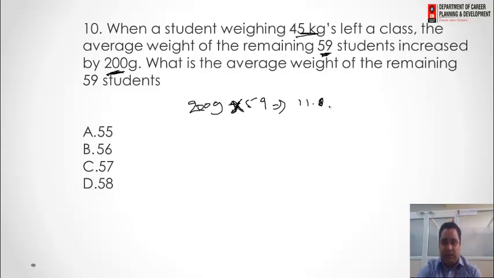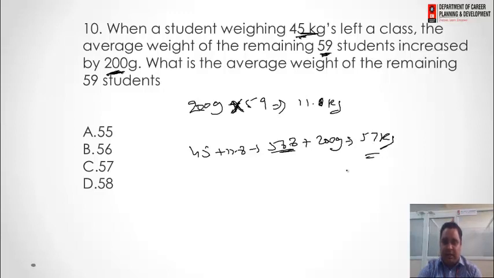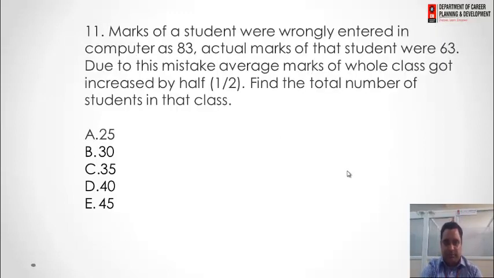It means the person's weight is 45 plus 11.8, that is 56.8 kilograms, and there is an addition of this 200 grams in the average as well, that makes the weight 57 kilograms. That is the answer for this question, option number C. Now we have the next question, question number 11.